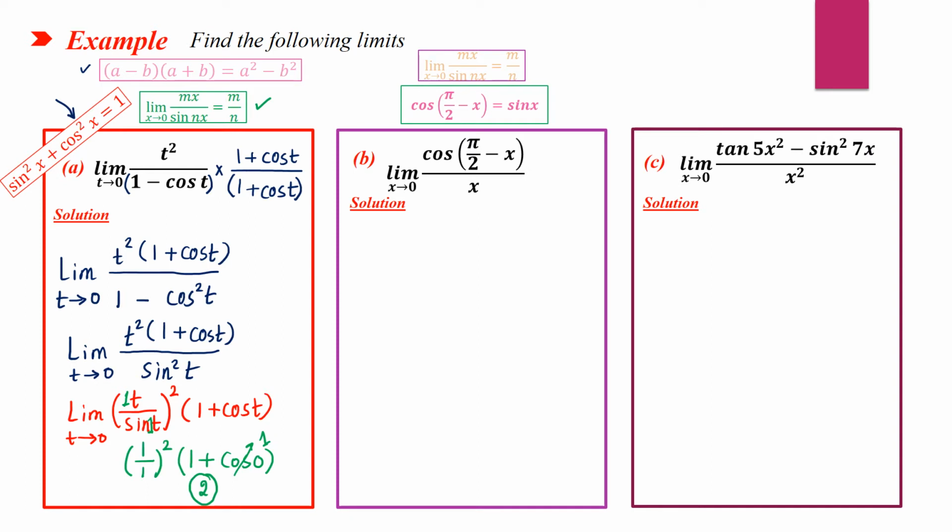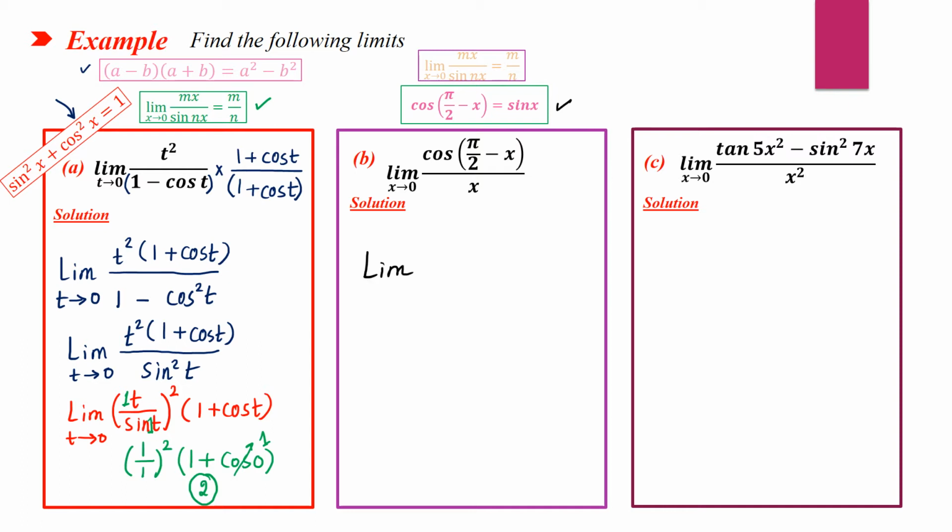For the second limit, you have to find the limit of cosine of pi over 2 minus x divided by x when x goes to 0. We have a trigonometric identity that says cosine of pi over 2 minus x equals sine of x.